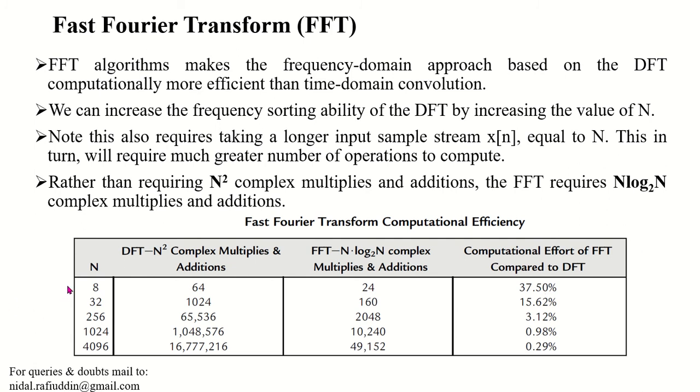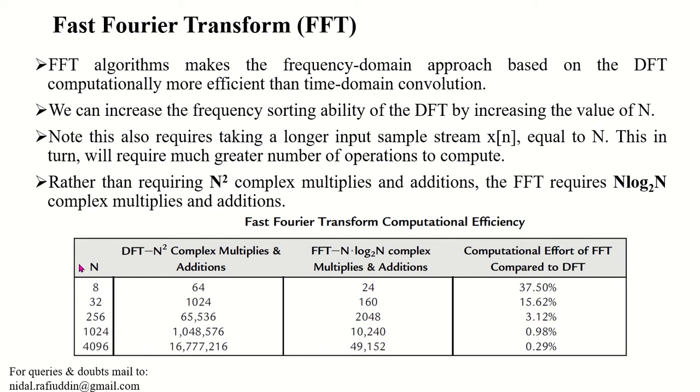Now, if the value of N increases, so the sequence size increases to 32, we have for DFT 1024 multiplies and additions, while for FFT it's 160 additions and multiplies, and thus the computational cost reduces further in case of FFT compared to DFT.